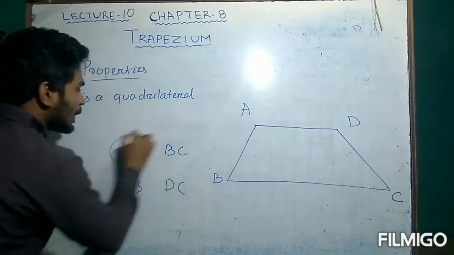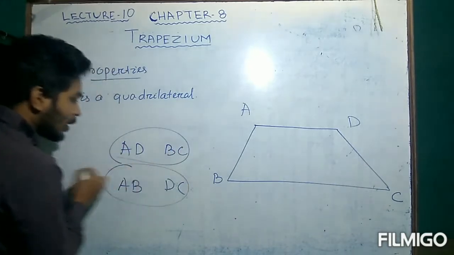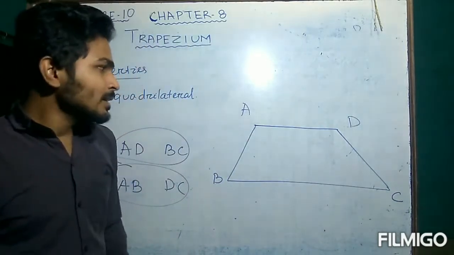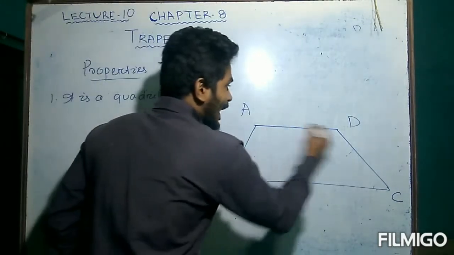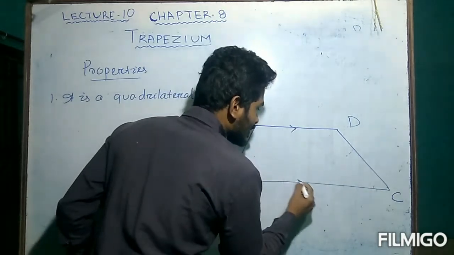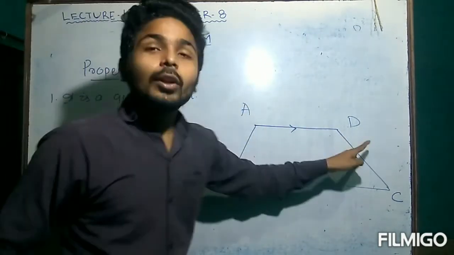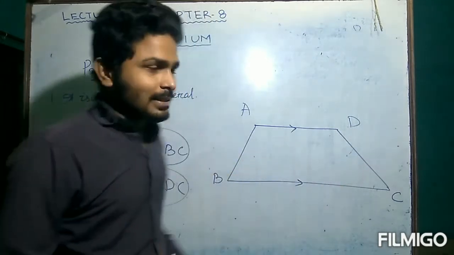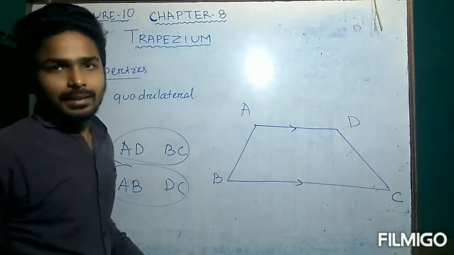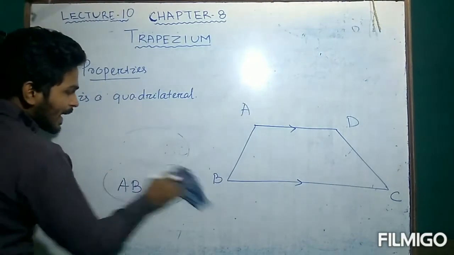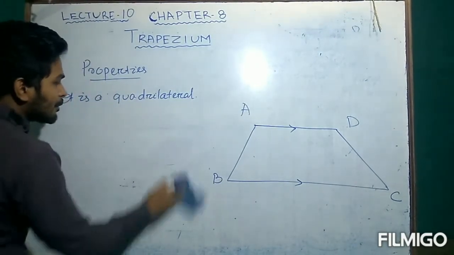Out of these two pairs, only one pair of opposite sides are parallel, that is AD and BC. The other pair of opposite sides are non-parallel, that means they are not parallel.